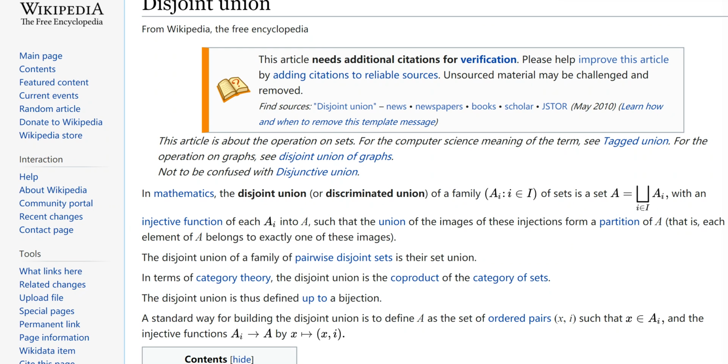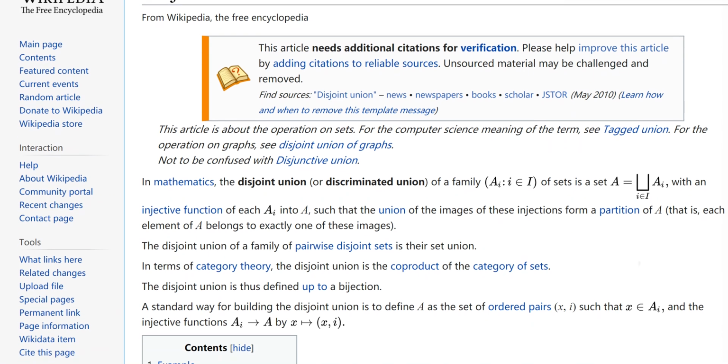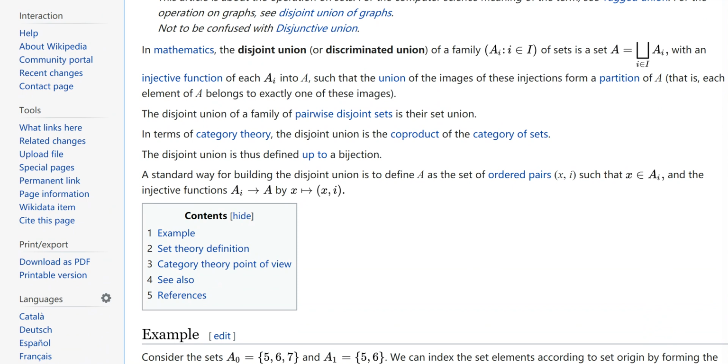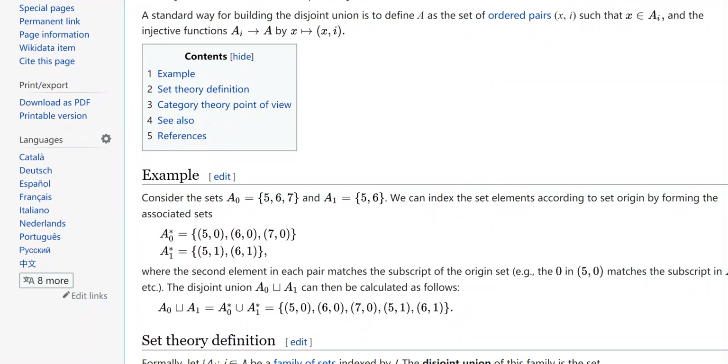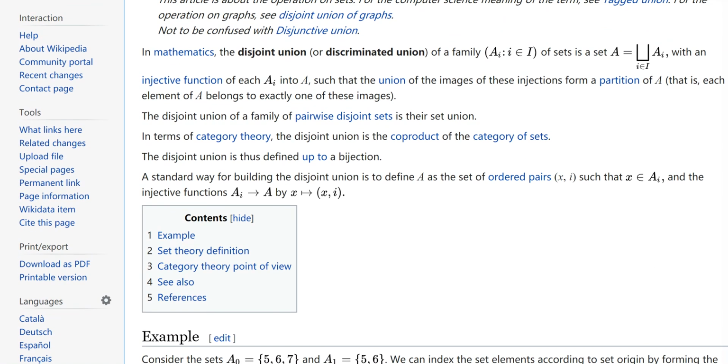In the category Set, the coproduct is again a set A with injective functions φ_i from A_i into A such that the images of these injections form a partition of A. You can define the set very naively, but in general you should define it using the universal property. That is, each element of A belongs to exactly one of these images.